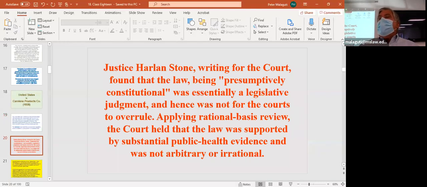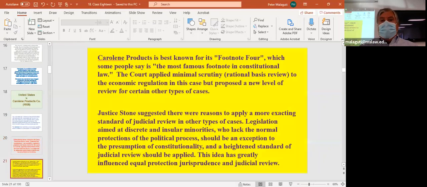This is essentially a legislative judgment, not one for the courts. And it applies what is starting to sound like a rational basis review. The law was supported by substantial health evidence. Therefore, we're not going to overturn it unless it is arbitrary or irrational.